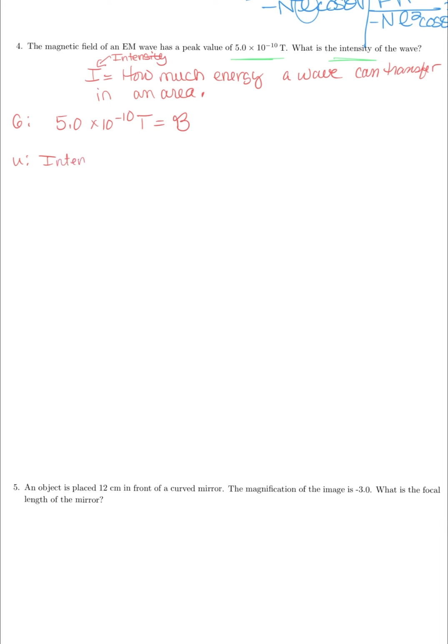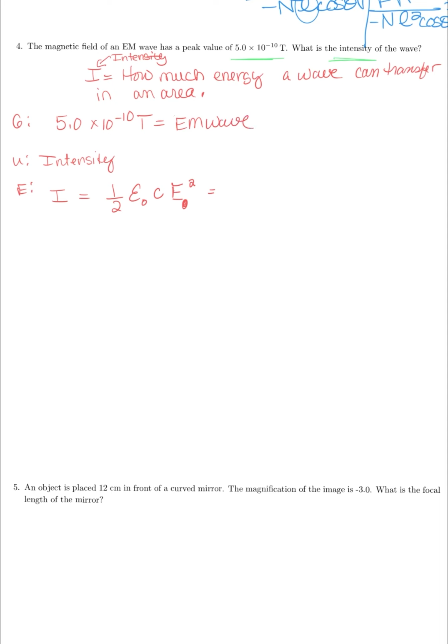This is really easily solved with an equation that I'm sure you were given, and it is that intensity equals 1/2 epsilon naught times the speed of light times the peak value of the electric field squared. Let's put EM wave.